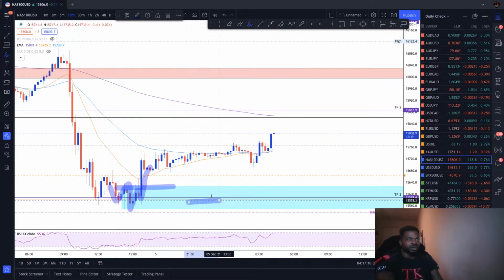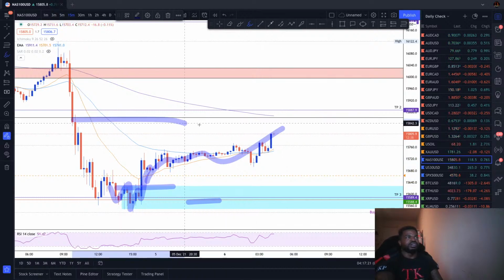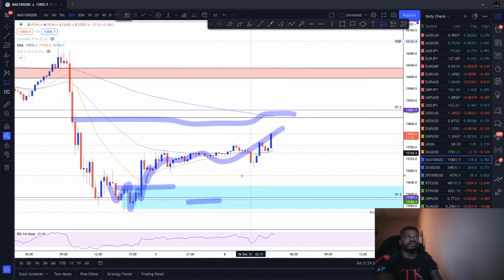The stop loss could have been underneath the right shoulder of this inverse head and shoulders, and as you can see, you're already in profit. Even if price only retests this level here, right below the 200 EMA, that's still a crazy risk reward setup.